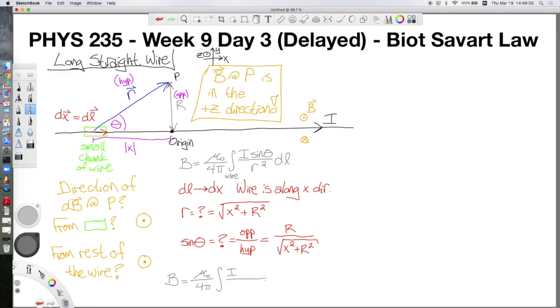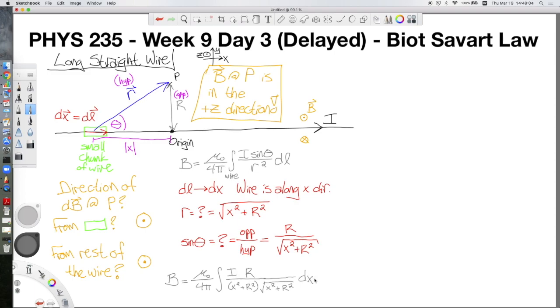So the r squared on the bottom will become x squared plus R squared without the square root, because the square root goes away when we square r, times sine of theta gives us an R on the top, and then a square root of x squared plus R squared on the bottom. And the only other thing missing was dl, which becomes a dx.